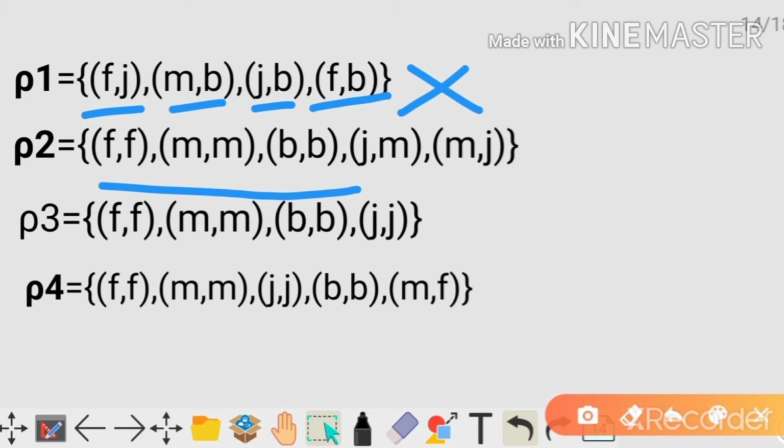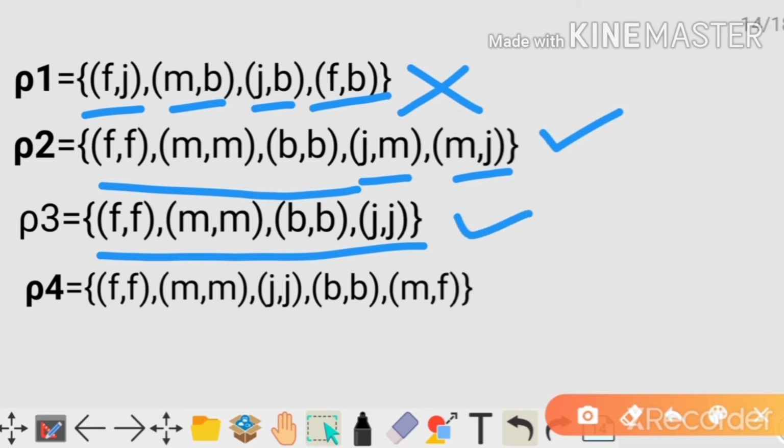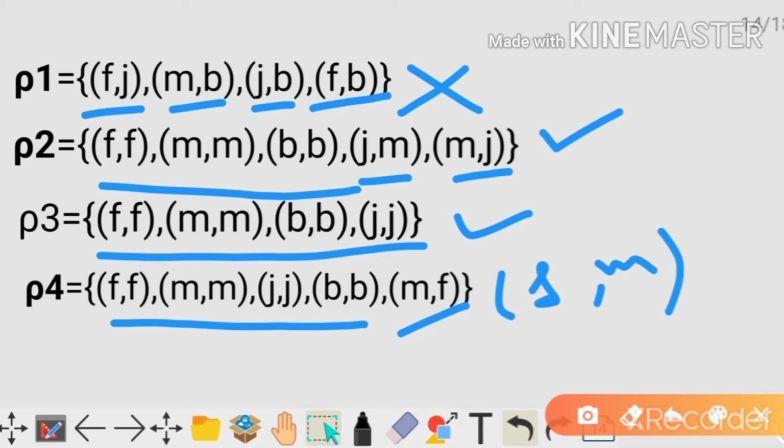If you look at JM, it also contains MJ. So rho 2 is symmetric. For rho 3, all the elements are identical, so it is also symmetric. For rho 4, there is no problem with the identical elements, but it contains MF but not FM. So it is not symmetric.